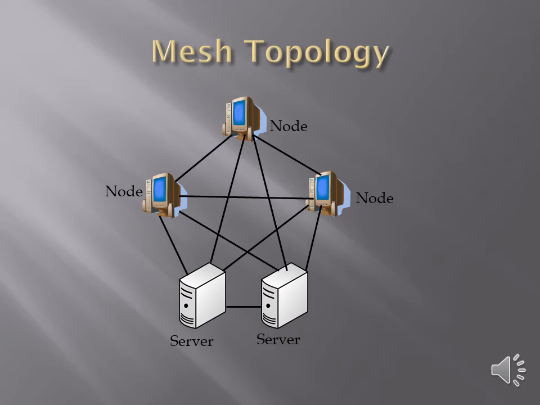Let's look at the mesh topology figure. In the mesh topology figure, you can see all the nodes are connected to each other. Since each node is connected to all other nodes in a network, it would be a large and complex network. Complex routing is required, maintenance would be high, management would be difficult and it requires a large number of resources.